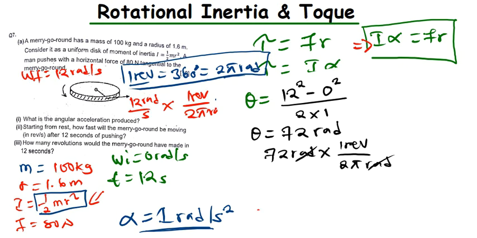I'll divide 72 by 2 pi, so I'm getting my theta now in revolutions to be 11.459 revolutions.